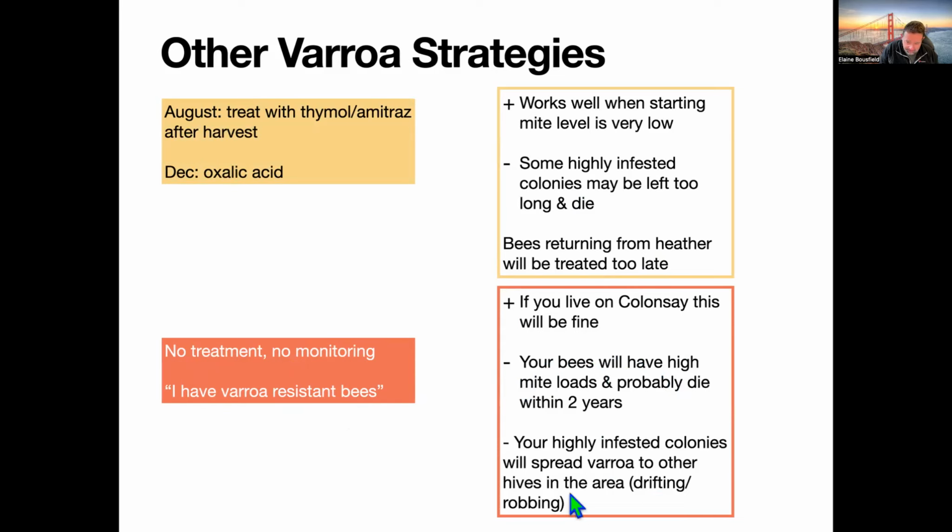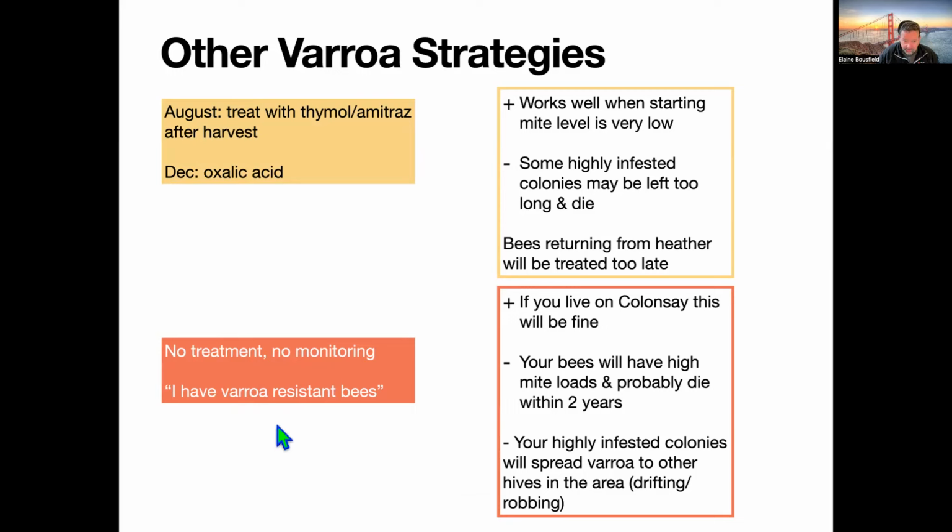And what's worse is that your highly infested colonies will spread Varroa to other hives in the area through drifting and robbing. And even if you find that one or two of your queens are good at dealing with Varroa, the next generation almost certainly won't get it passed on and it'll be lost.